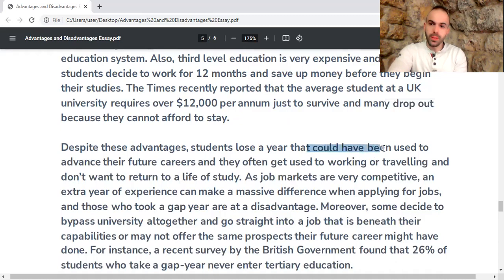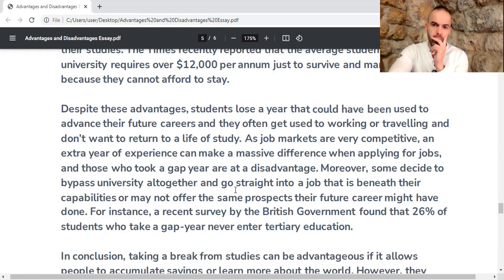Well, could have been. So that's sort of like a conditional. Could have been, it's a conditional form. It's amazing to use this as well. I'm going to explain and upload a video about all the conditional forms in English. And also, what else do we have? Get used to. Beautiful. Don't want to, go state.